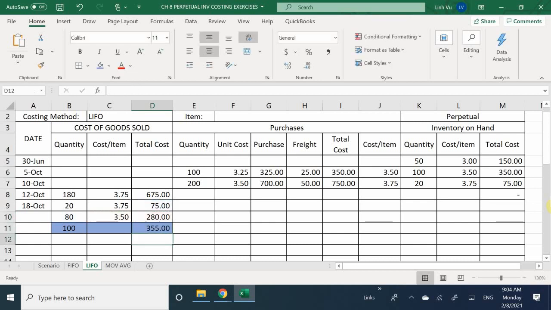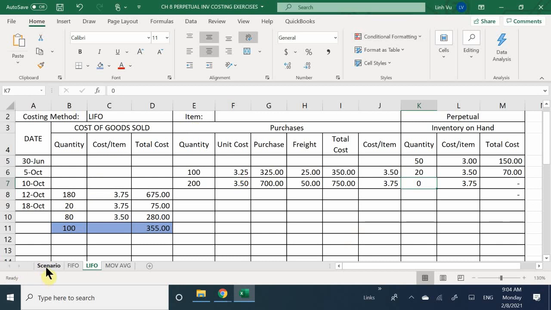Okay, add them together. You should have a total of 350. So here, I just eliminate that and put 0. Here, I sold 80 items, so I should have a total here of 20. So I should have a total right now in my inventory on hand of 70 items.